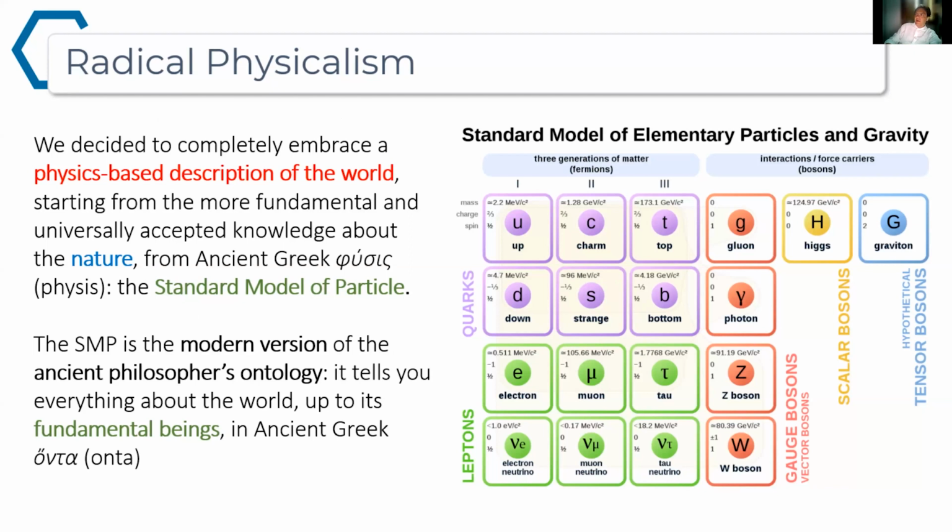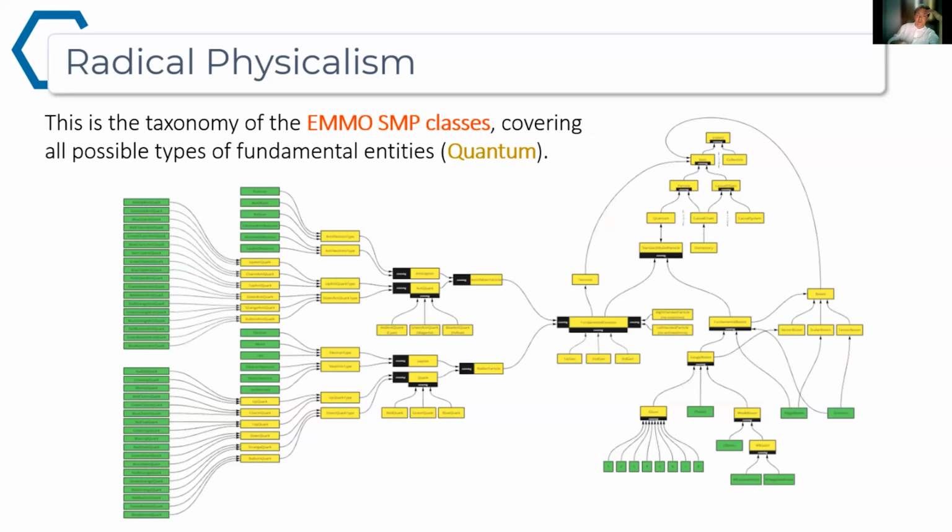in which things are, in which elementary particles aggregate up to the macro level. So as you can see here, there is a picture showing the taxonomy of the EMMO and how this taxonomy goes to this fundamental taxonomy, which is the standard model of particles.